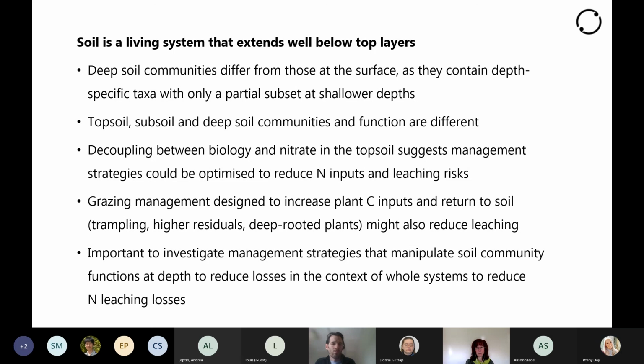And then there could be some other strategies specifically designed to change the microbial biodiversity and the diversity of soil organisms at depth, that are much more based on direct intervention and could still be explored. And with that, we will leave it there and are happy to take questions.